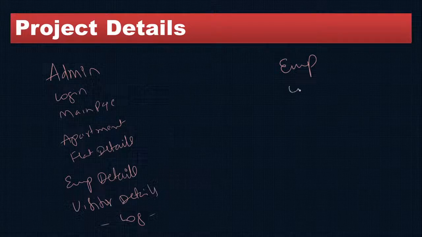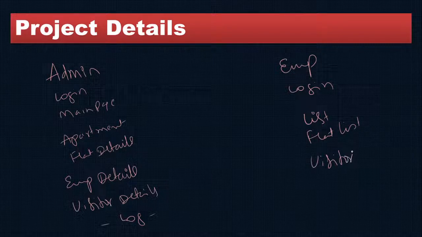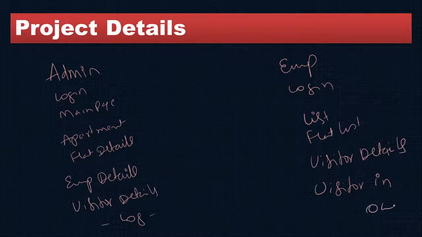Now employees can log in. They go to the main page. They can also view the apartment list, the flat list, then visitor details. If a new visitor comes, you can enter it, then visitor in, then visitor out.